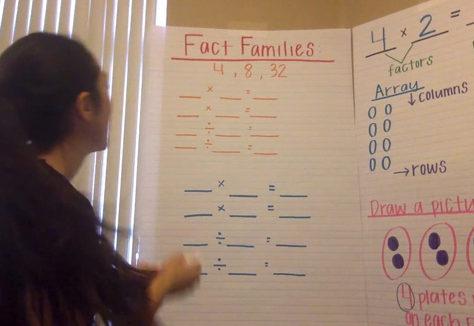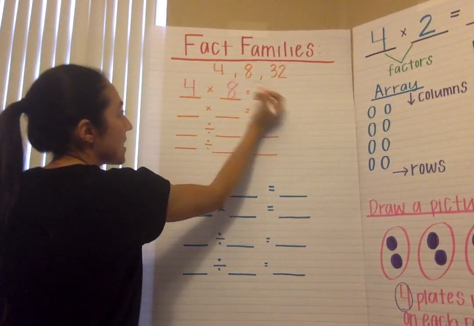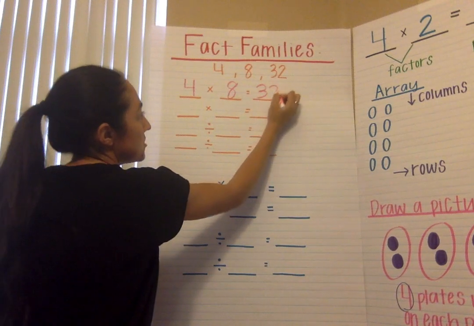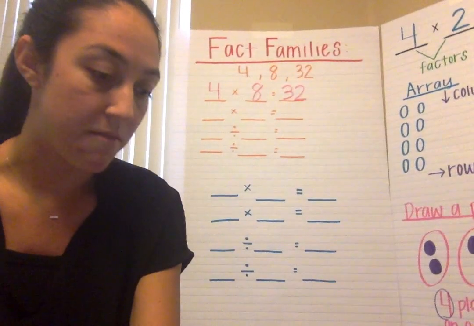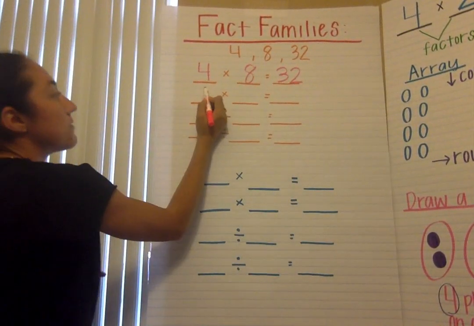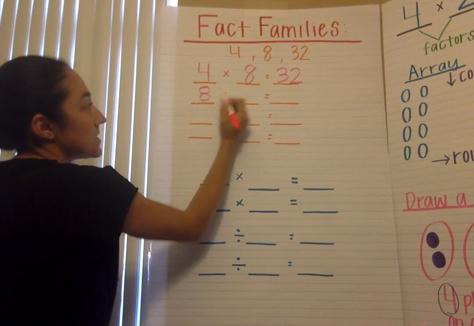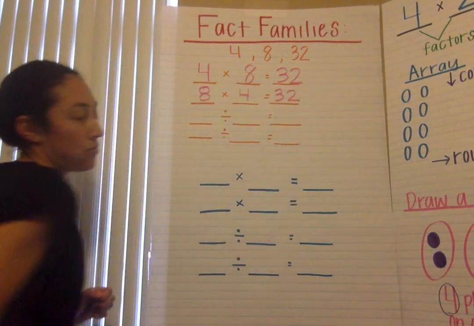I do know that if I multiply 4 times 8, that's going to get me to 32. When I use the commutative property of multiplication, or the flip-flop, we know that you can flip this, that 8 times 4 is going to equal 32.